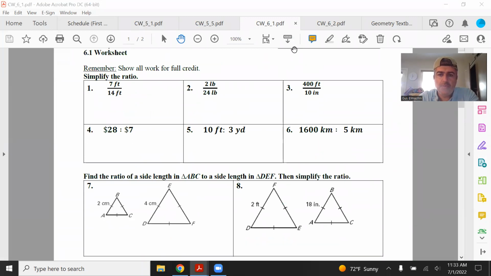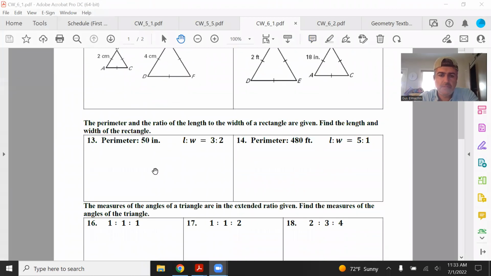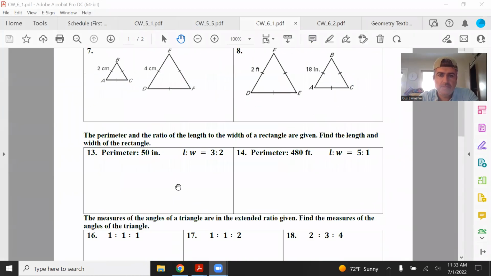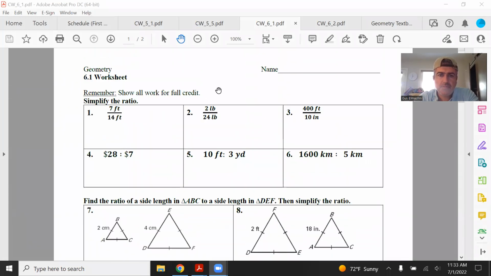So for number 2, 2/24, that's 1/12 in the same units, so we didn't have to do any unit conversion. These are both dollars, so 28/7 is 4/1. Or you can write it like this also with a colon. Some people write ratios that way.